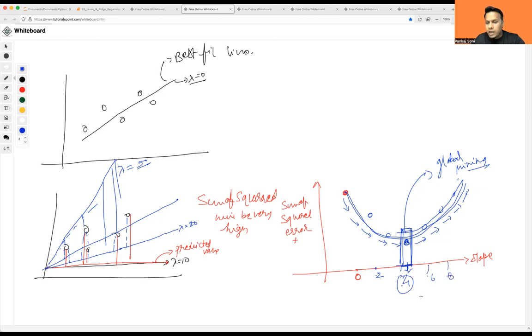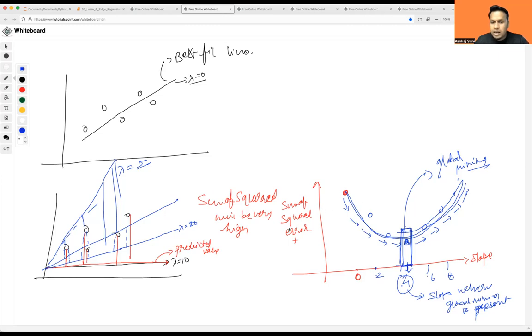I can make 0.4 the slope where the global minima is present. And that's what we are finding out based on that equation during multiple iterations. So based on this, you found the global minima, and you found the best fit line also, correct?